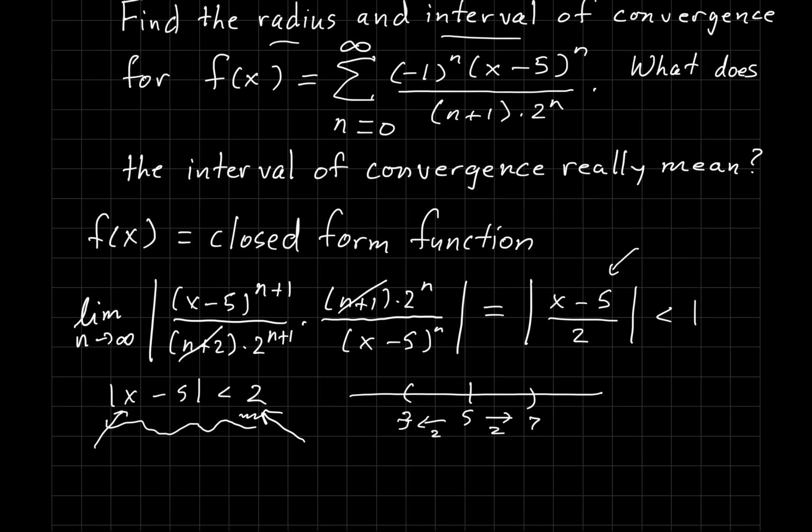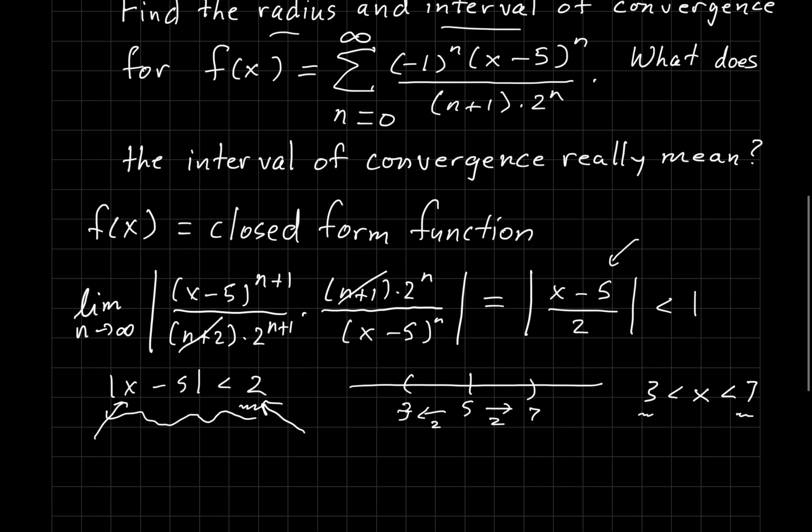So the interval of convergence is all x's between 3 and 7, guaranteed. But what happens at the endpoints? That is, when x equals 3 or x equals 7, the ratio test fails, but this series might converge or it might diverge. How do we determine that?